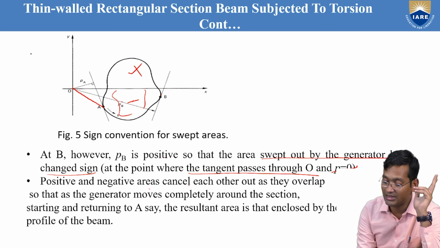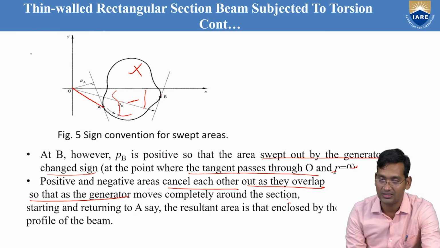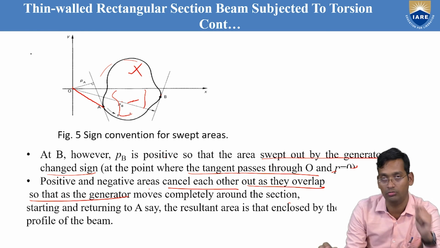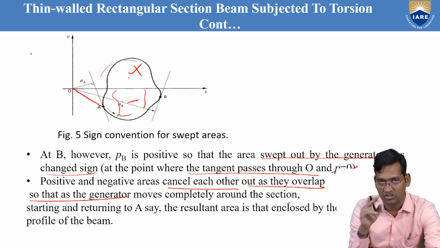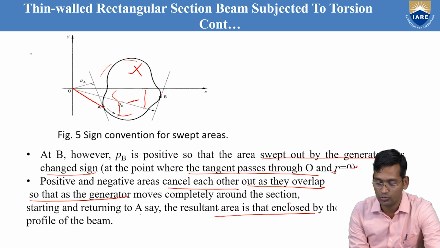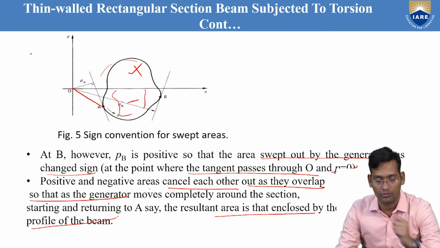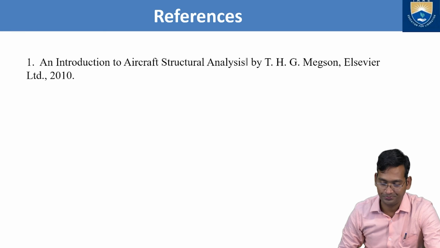Positive and negative areas cancel each other out as they overlap, as the generator moves completely around the section. So negative area and positive area will get cancelled out. Say 2A, the resultant area is that enclosed by the profile of the beam. Whatever enclosed area is there will be the profile of the beam.